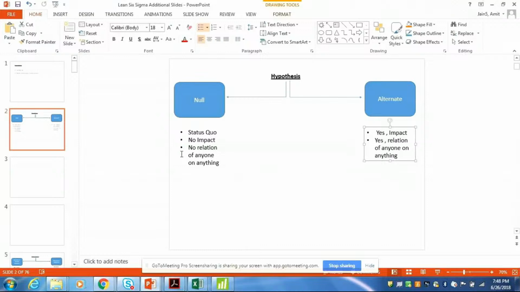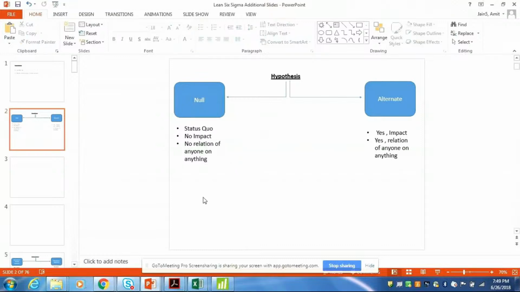Whenever you try to do hypothesis testing, you would assume that there is no relation, or no significant difference, and then you would check whether that hypothesis is correct or not.